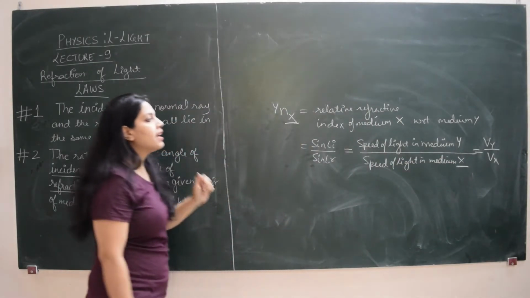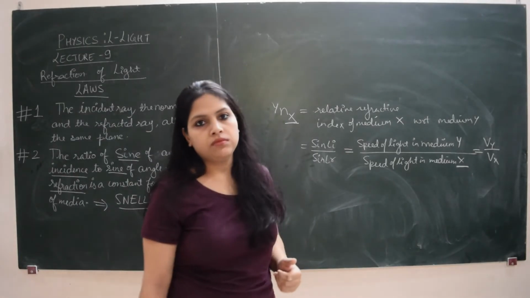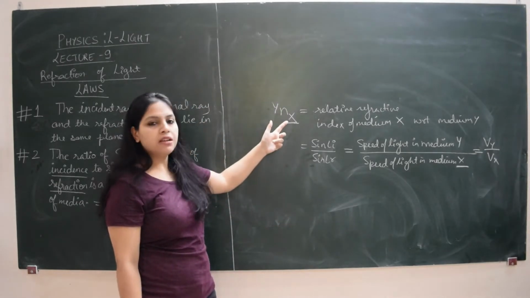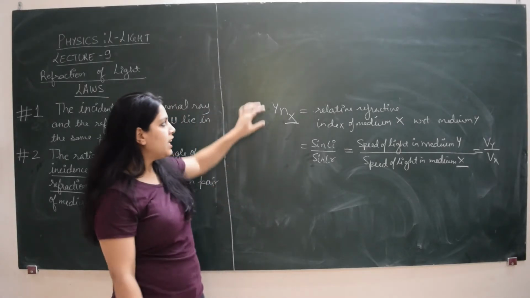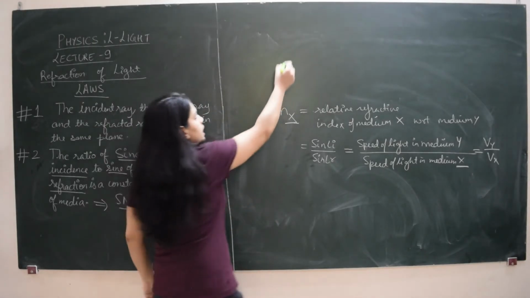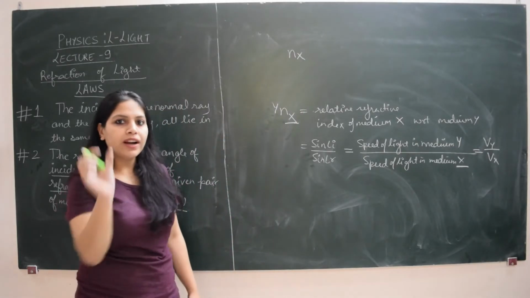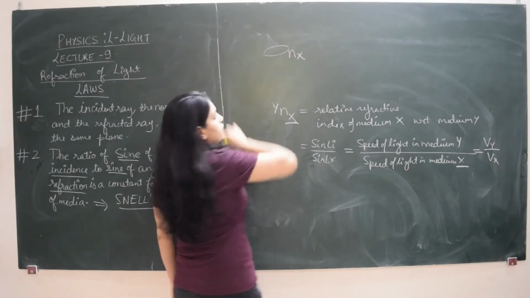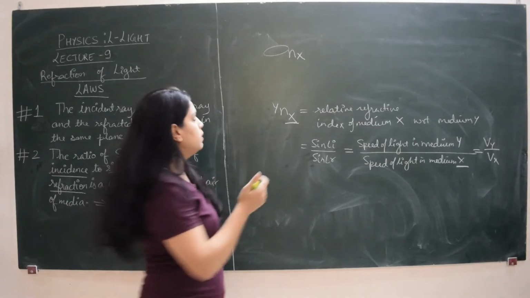Now if suppose we say that the first medium is vacuum, or in some cases air, here the first medium is y and second medium is x, but if we say that the first medium is air or vacuum, then we need not present it here. For instance, if I write it like this, simply nx, I don't write anything at the top. So it simply means that here the first medium is air or vacuum, so I need not present it in the symbol.